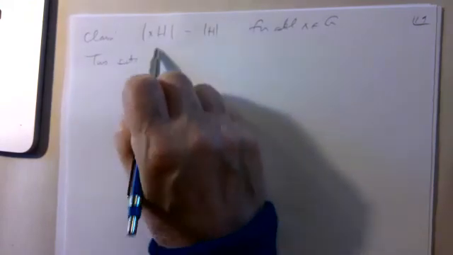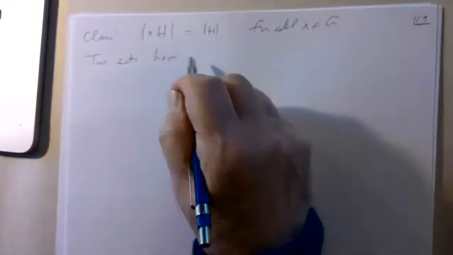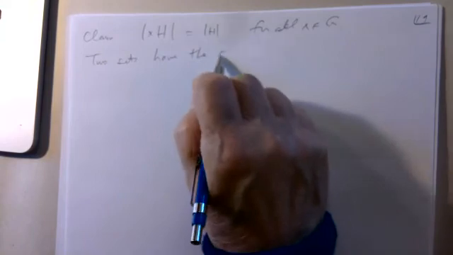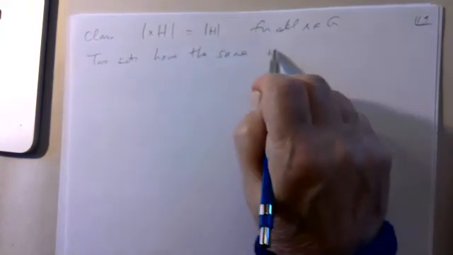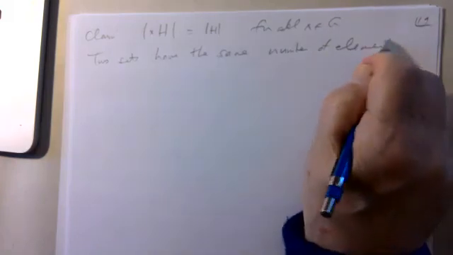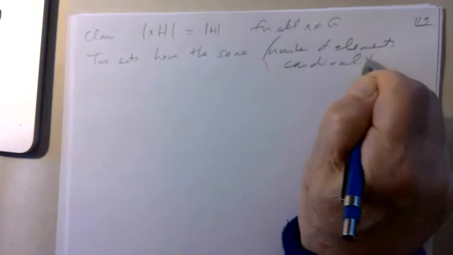Now, what does it mean for two sets to have the same number of elements? Another word for the number of elements in a set is cardinality.